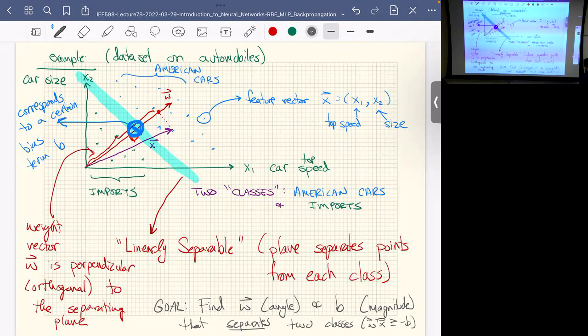Okay, so questions about that? Do we see the geometric interpretation of what's going on in the single layer perceptron?